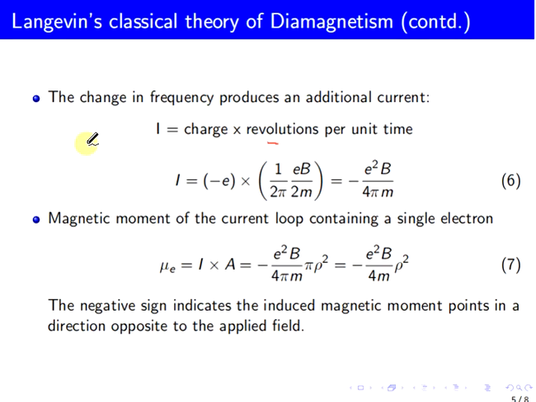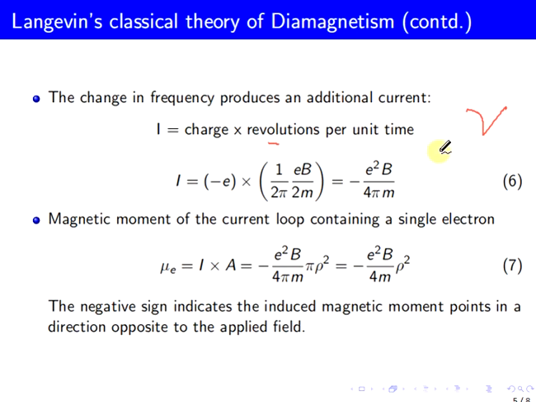Now we understood that there is a changing frequency due to the applied field. So this changing frequency can produce an additional current, which is given as I is equal to charge into revolutions per unit time. So this is actually the frequency nu. You know that the angular frequency omega is related as 2 pi nu, where nu is the revolutions per unit time, 1 by period.